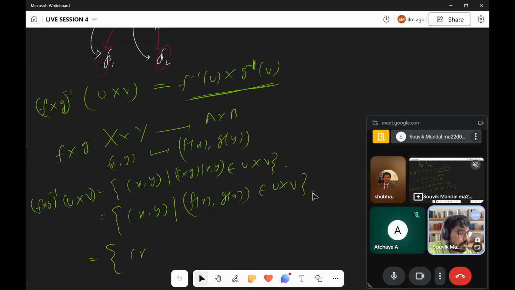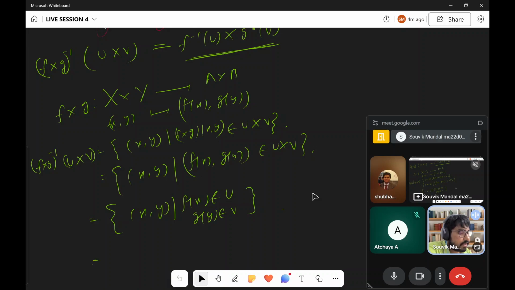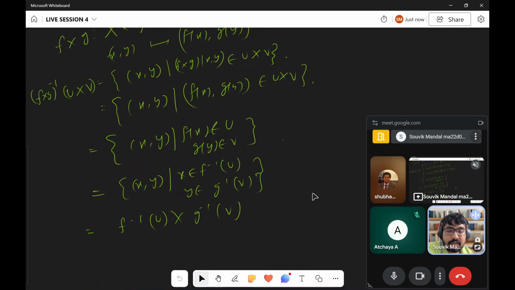So we can write this as x comma y such that Fx belongs to U, Gy belongs to V, and this is nothing but all those x comma y such that x belongs to F inverse U, y belongs to G inverse V, and this is nothing but F inverse U cross G inverse V. Is that clear?